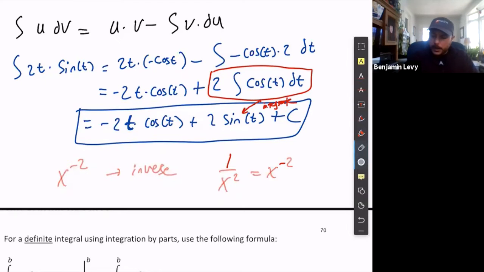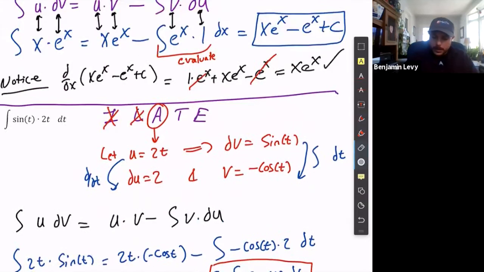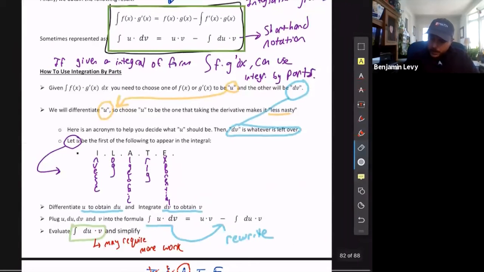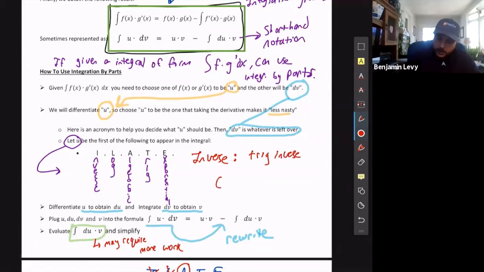Let's add a note up by the ILATE part, the original part. On these couple examples, I'll just Google quick. Usually the inverse means trig inverses. So things like cosine to the -1, sine to the -1, tan to the -1, etc.